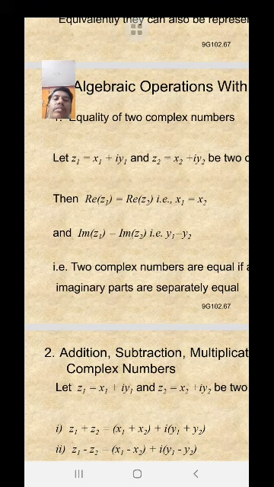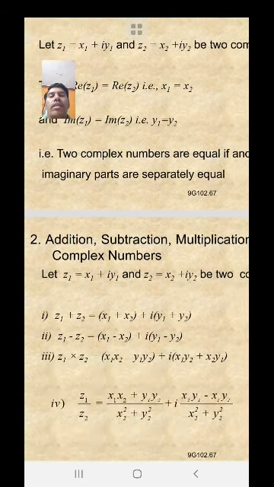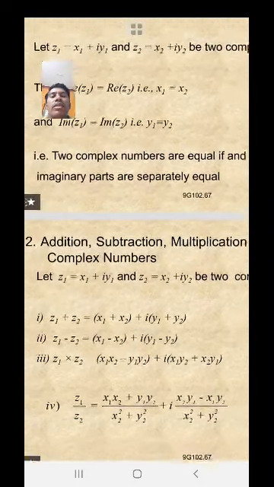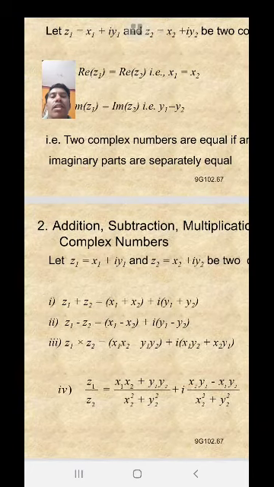Then real part of z1 equals real part of z2, that is x1 equals x2, and imaginary part of z1 equals imaginary part of z2, that is y1 equals y2. Two complex numbers are equal if and only if their real and imaginary parts are separately equal.